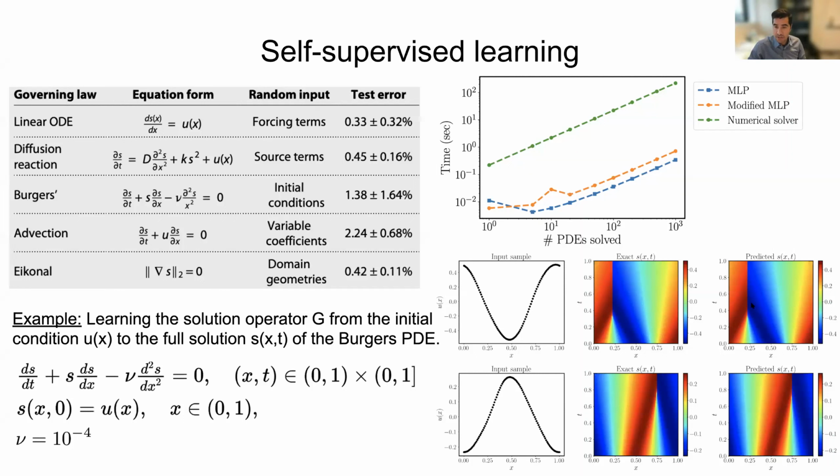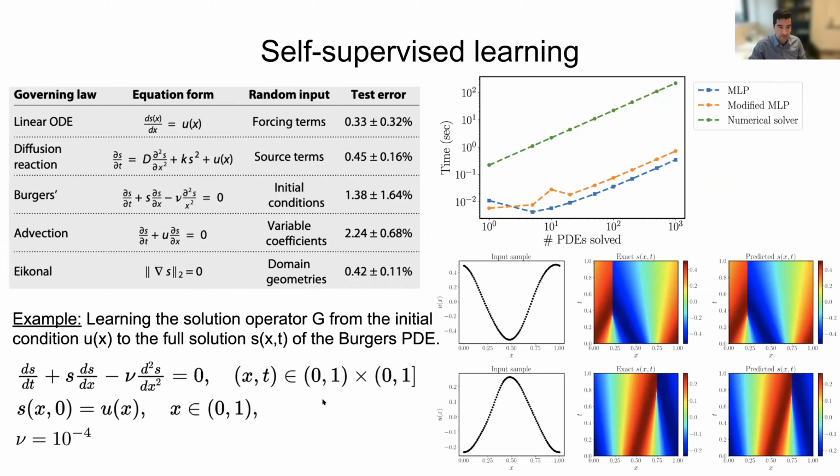And as you can imagine, now after training, the DeepONet is extremely fast to query, so we can actually solve in the order of 1,000 PDEs in less than 1 second on a single GPU, about 2 orders of magnitude savings in terms of compute time compared to a classical numerical solver for this case.